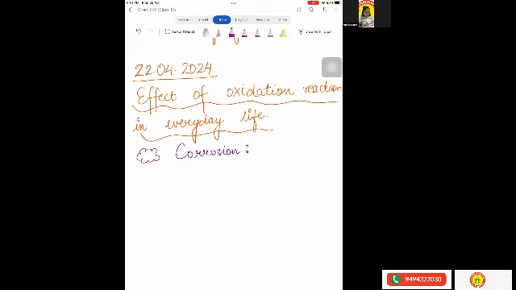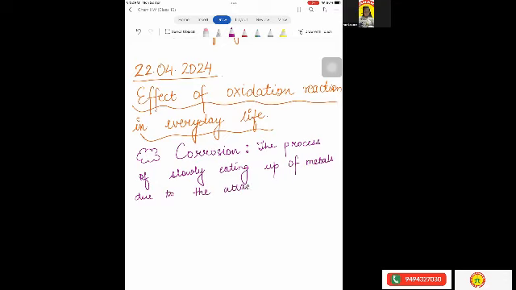Corrosion is the slow eating up of, or I'll write the proper definition, the process of slowly eating up of metals due to the attack of atmospheric gases like gas.